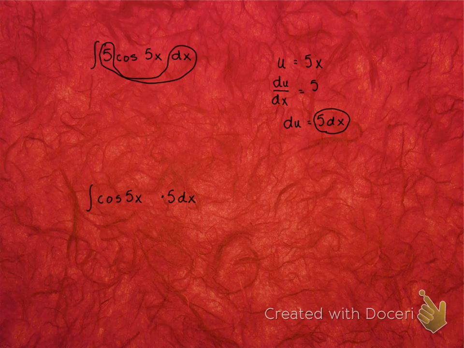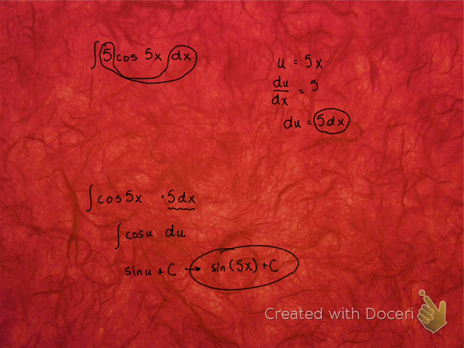So I know now by going off of my dx, matching that dx there, and 5 dx is actually equal to du, what I am integrating is cosine of u du. The antiderivative of cosine is sine of u plus c. And I'll put the u back in and get sine of 5x plus c.